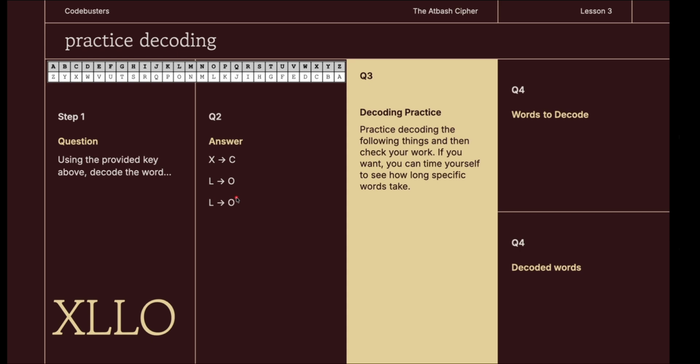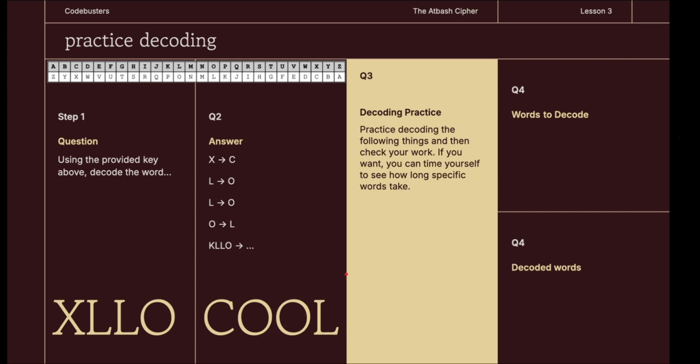O decodes to L and L decodes to O. After decoding XLLO, you get the word cool.